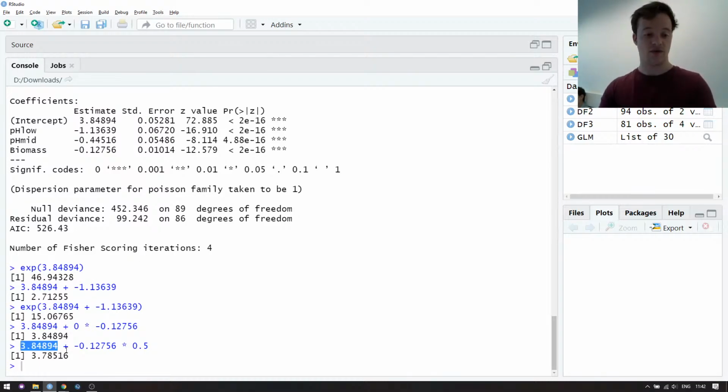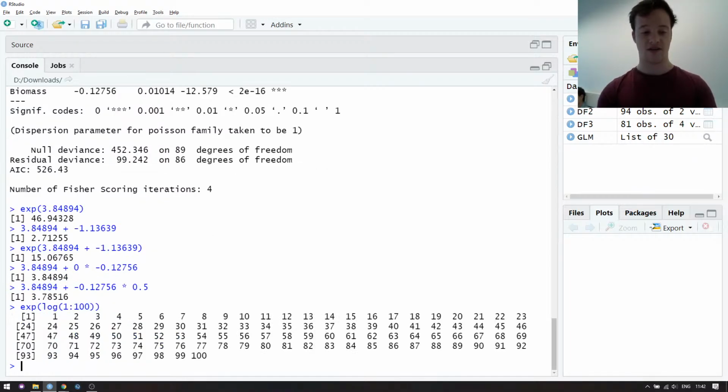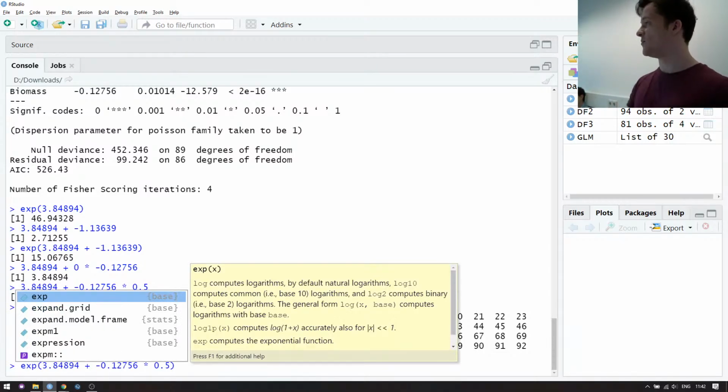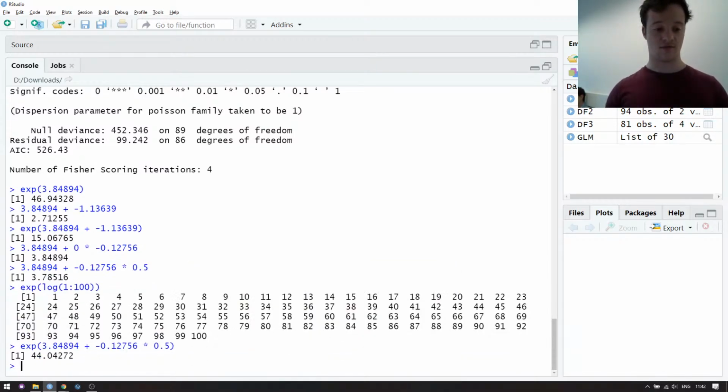And again, if we want to know what is the estimate on the original scale, then we take the exponent, because the exponent of the logarithm, if I just draw the numbers 1 to 100, you'll see that is the numbers 1 to 100. That's the inverse transformation. So the exponent of this will give us the actual expected count for high pH, biomass equal to a half, which is 44. And that's how you can work with this.